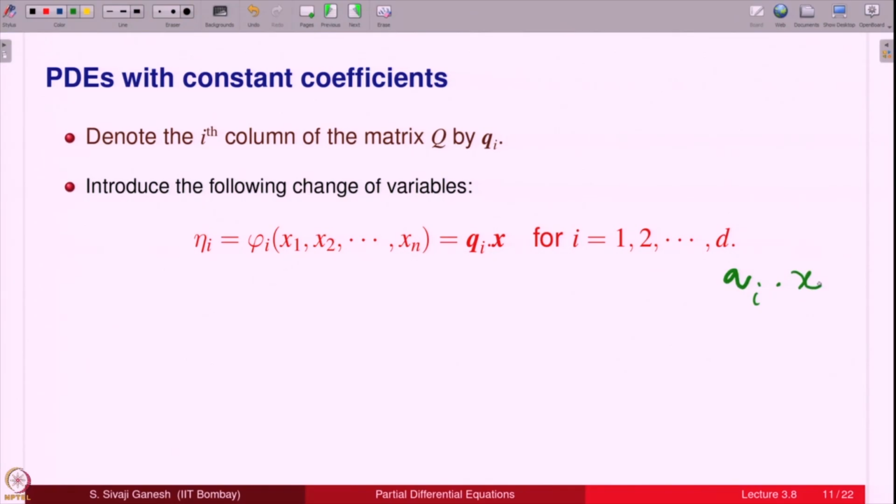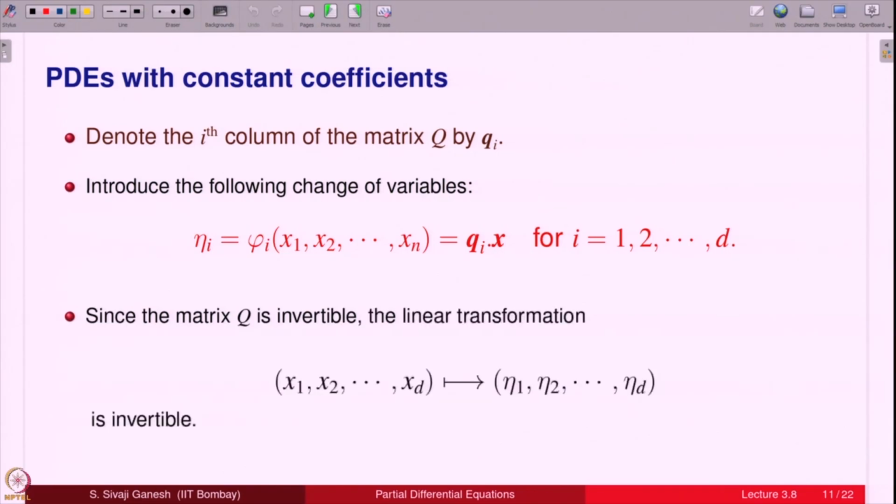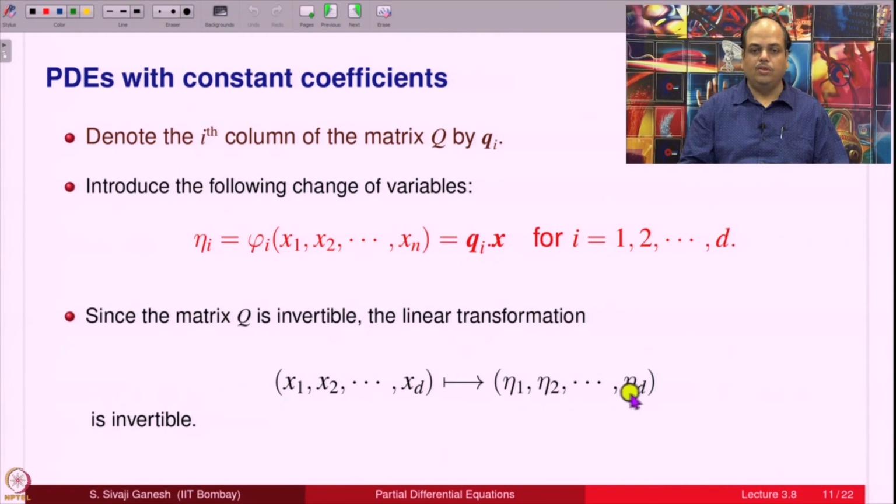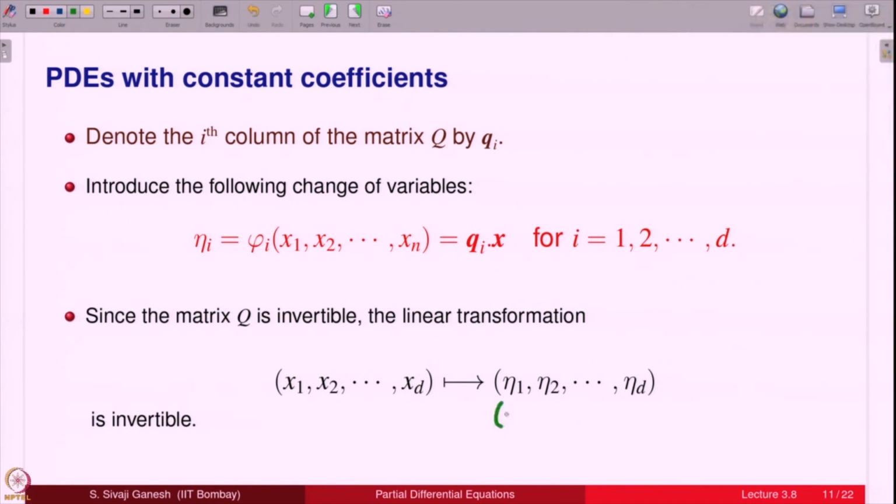So, we have defined eta 1, eta 2, up to eta d. Since the matrix Q is invertible, this linear transformation, x going to Q1 dot x, Q2 dot x, up to Qd dot x, is also invertible. This map is invertible.